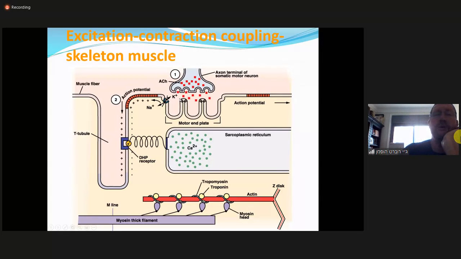What it's really going to do is cause an exchange of sodium for potassium. You can see that right here. So you see the exchange of sodium for potassium.